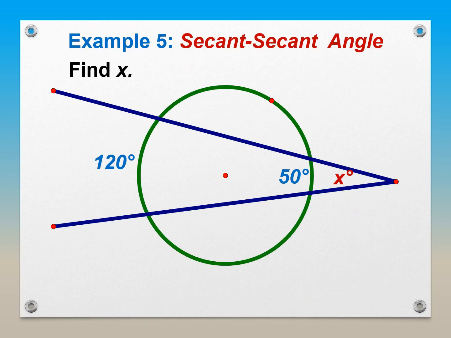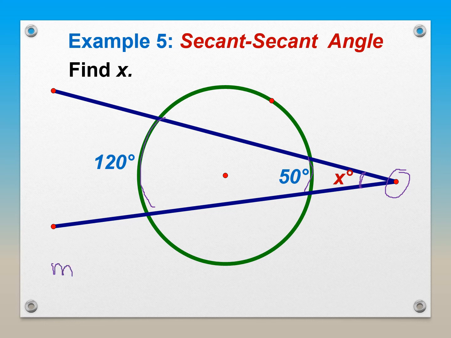Example number 5 is an application of theorem number 3. So here we have two secants that intersect outside the circle. We have to find the measure of angle X. Given the two arcs, 120 degrees and 50 degrees, look for the value of angle X. Simply apply the theorem, subtract.